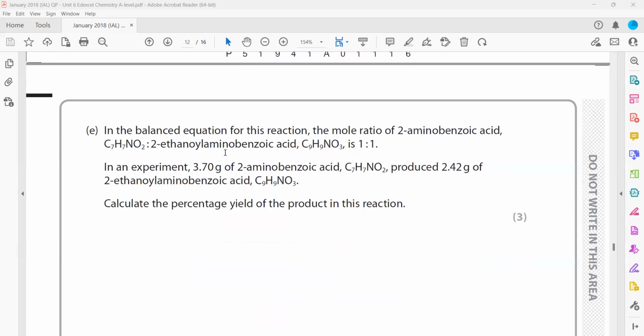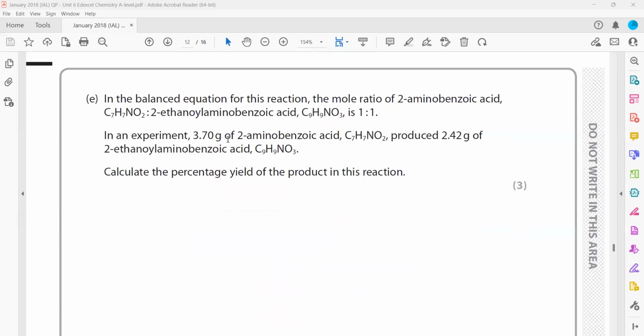Then part E. In the balanced equation for this reaction, the mole ratio of 2-aminobenzoic acid to 2-ethanoyl aminobenzoic acid is 1:1. In an experiment, 3.7 grams reacted and produced 2.42 grams. So this is the practical value of the product. Calculate the percentage yield.